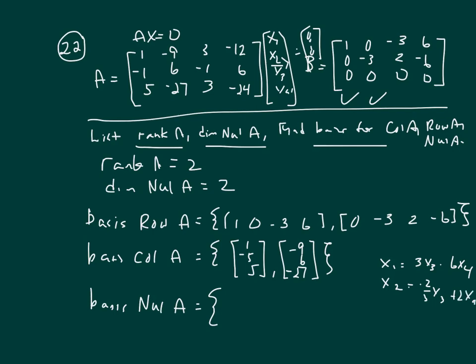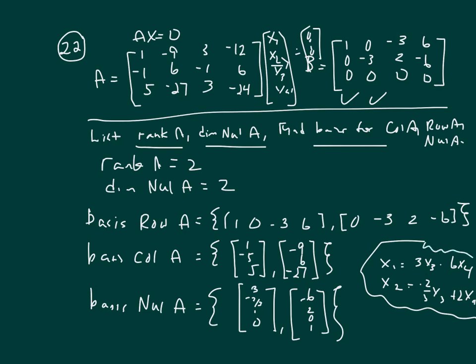And so the basis of our null space would be x1, x2, x3, x4, where we get 3, negative 2/3, 1, 0, and then negative 6, 2, 0, 1. And we get that from our solution form over here.